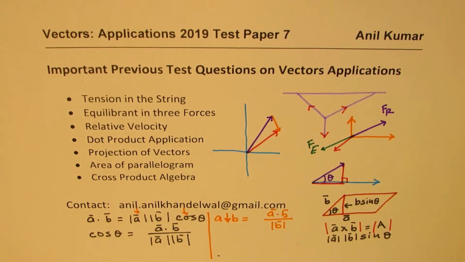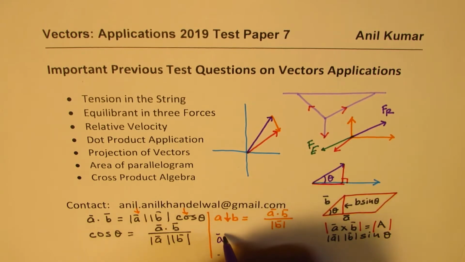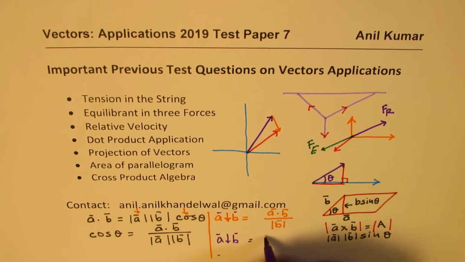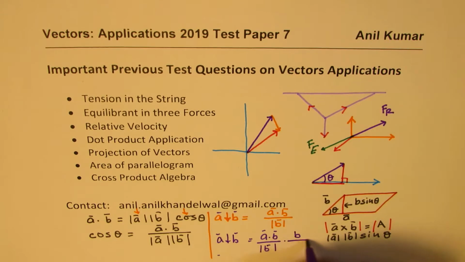Projection could be scalar or vector. So if we have a vector projection, right? This is the scalar projection. In that case, the formula remains the same, right? And what you really do here is multiply this by the unit direction, right? So again, we have B here divided by the magnitude of it, right?